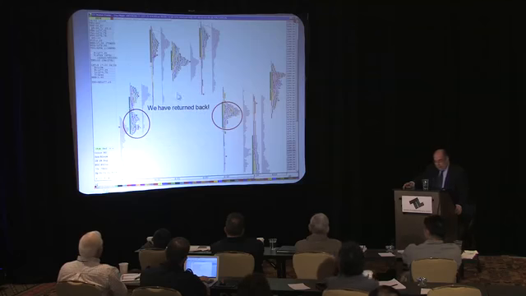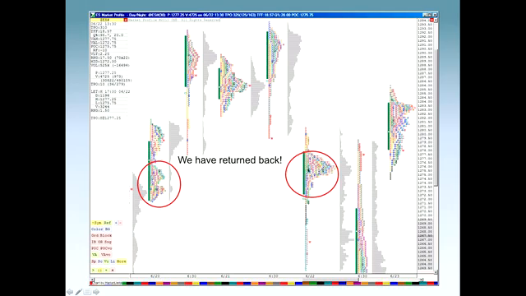Now, notice what happened when we had the pop at the top. We came back here and we stalled a little bit. Where, do you remember, where we had the buying activity that initiated this little move up? Notice how we come back and revisit the same area? And we spend a little bit of time. If this buyer was still present that had initiated that sentiment, where would we have likely closed?